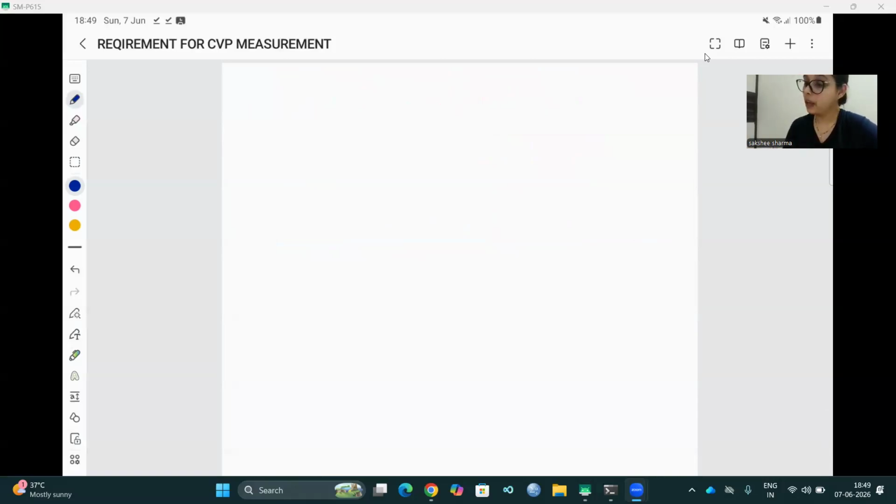To measure the CVP, we need a normal saline line, then we will need IV lines, then we will need a CVP manometer. So what is a CVP manometer? A CVP manometer is a device on which you will see the CVP. Okay, we'll see it in pictures ahead also.